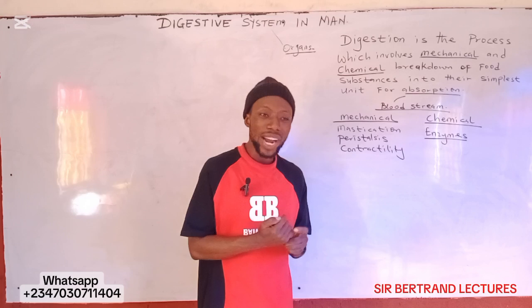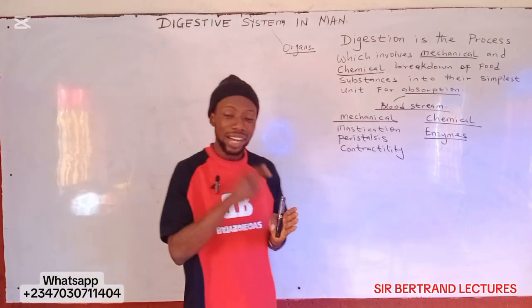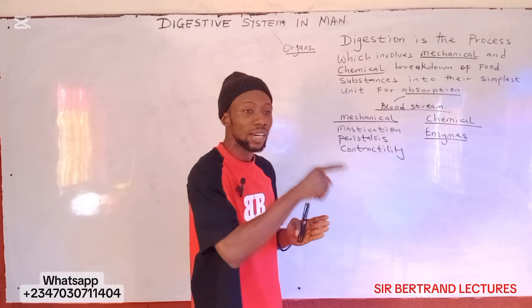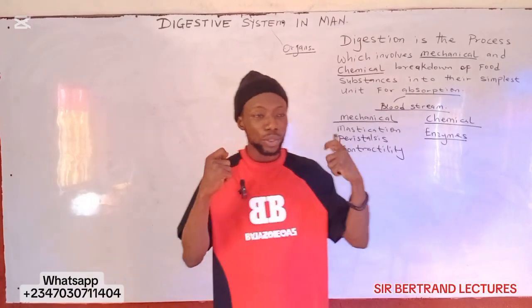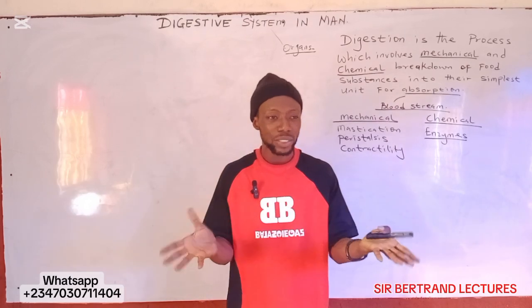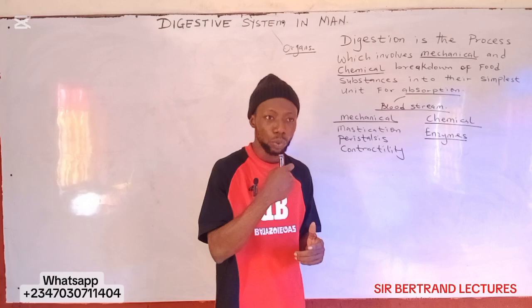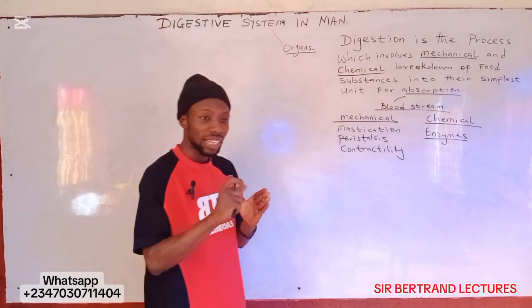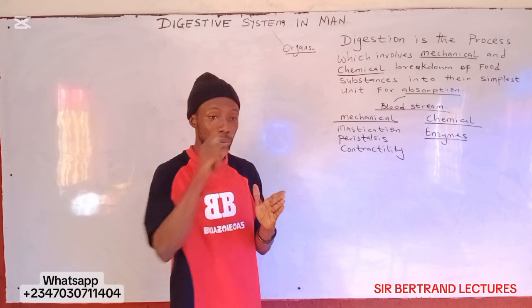Now, why does the body absorb this food into the bloodstream? So as to supply different cells in the body, the cells of the brain, the heart, liver, lungs, different parts of the body, including the muscle cells, with sufficient food and oxygen. That is the reason why blood circulates around the body.